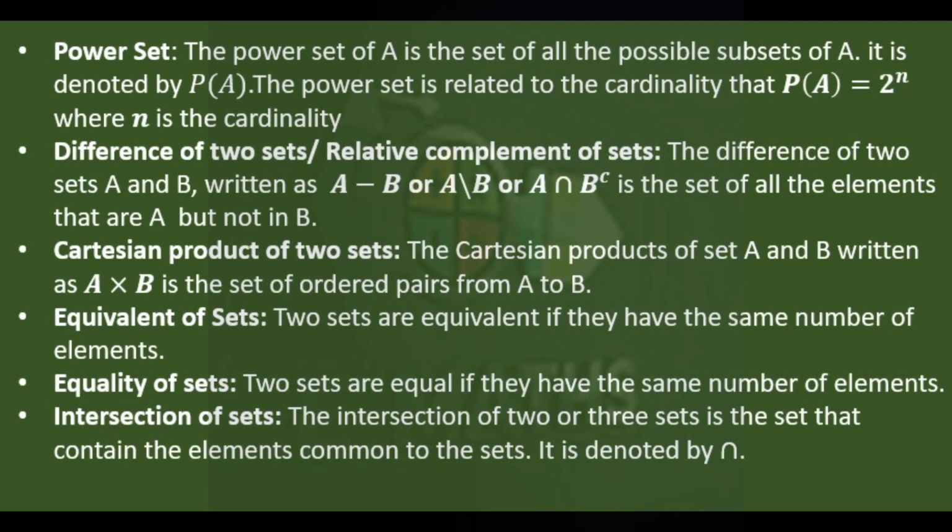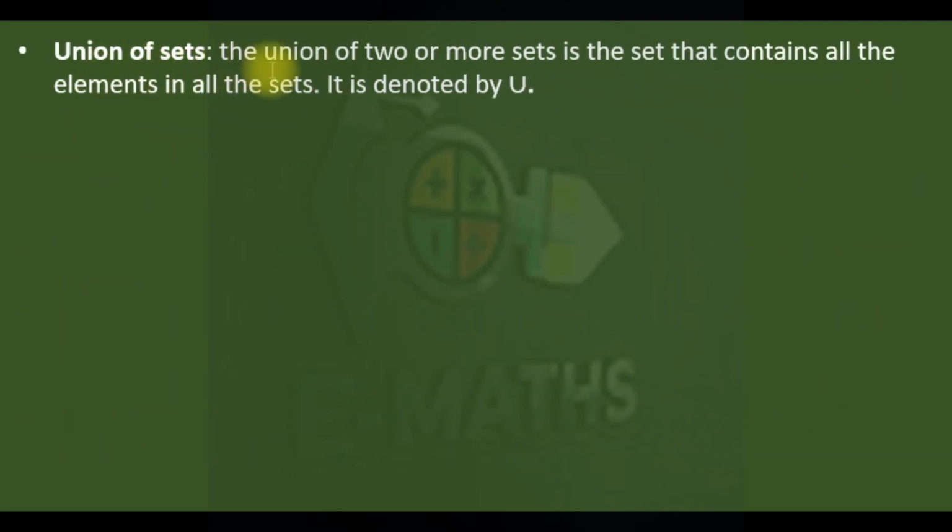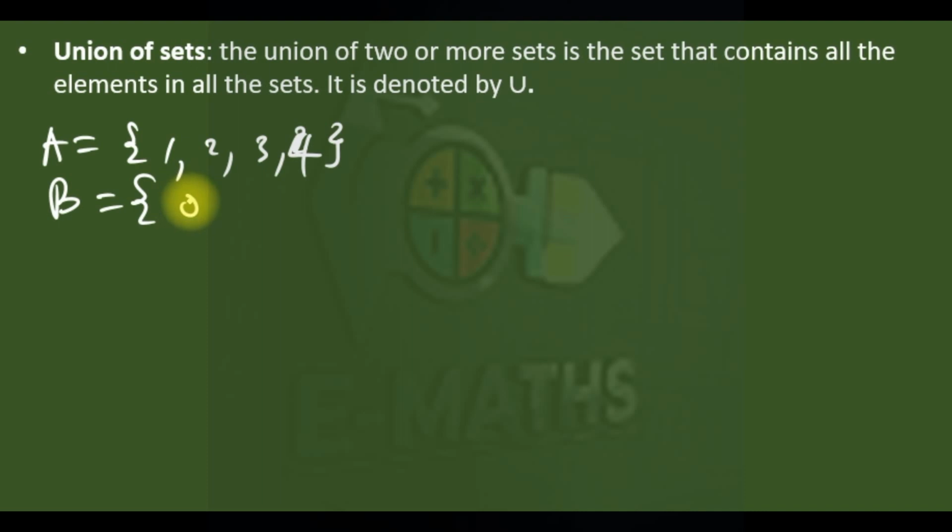So finally, union of sets. The union of 2 or more sets is the set that contains all the elements in all the sets. So if you have, maybe, set A, 1, 2, 3, 4, and you have set B, maybe 0, 2, 4, 5, 6, 7.